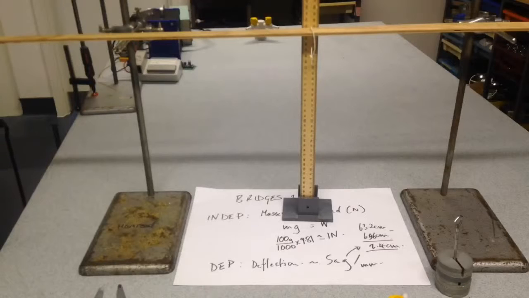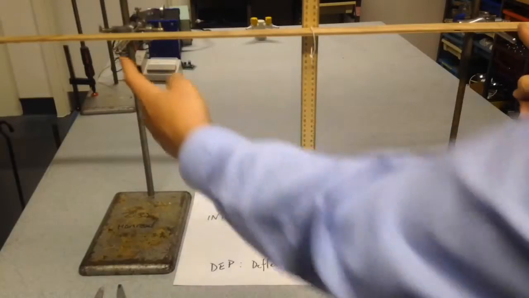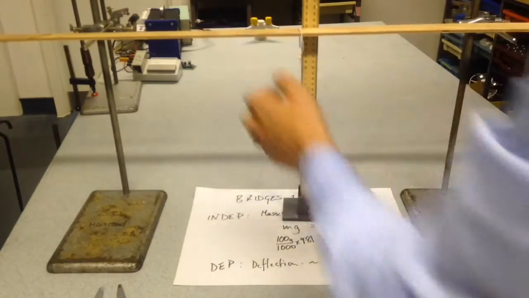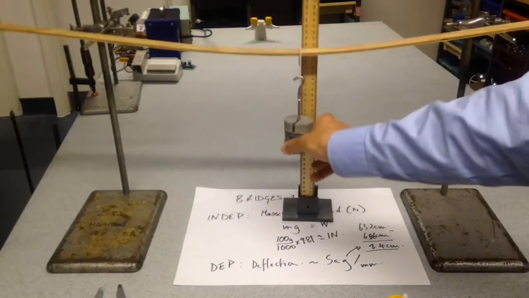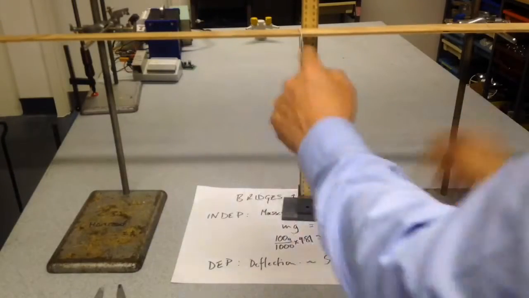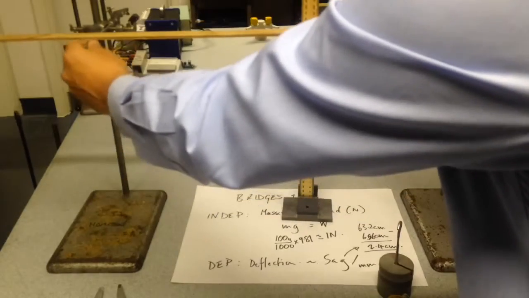Now, the other thing we need to bear in mind is what are we keeping constant in this experiment, or what other factors might affect it? The distance between. If I were to move it further apart, then for the same weight, we're probably going to sag further. So that's a control variable, how far apart these are. We've actually measured them off.